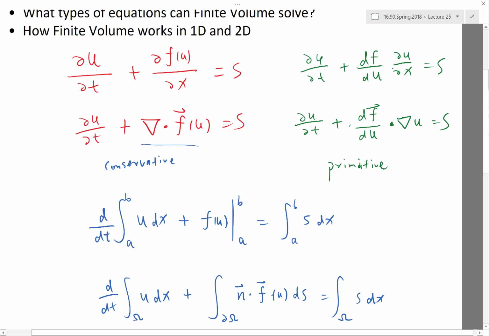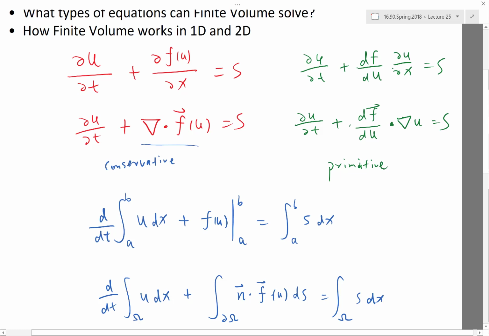And the consequence is that you actually have to approximate the value of u, and as a result, the value of f of u at the interfaces. So in finite difference, we store the grid point values and we approximate the derivatives. In finite volume, we don't have the derivatives because we are starting from the integral form. We store the averages and we approximate the point values.